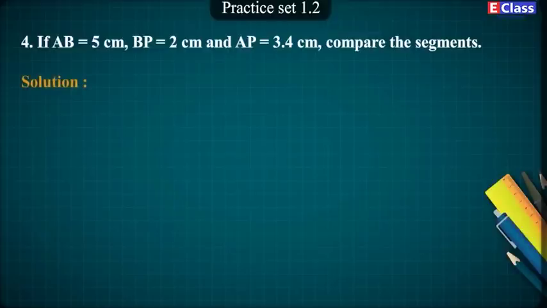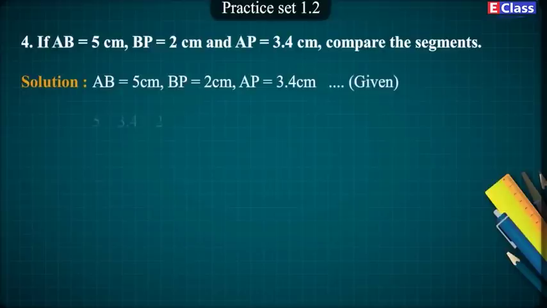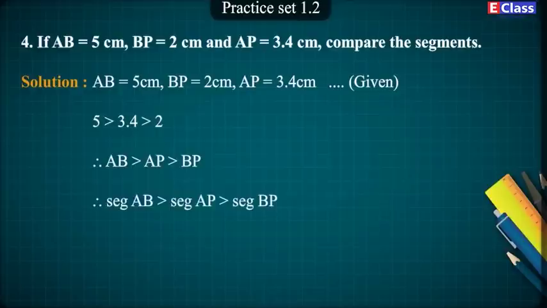Solution: AB is equal to 5 centimeters, BP is equal to 2 centimeters, AP is equal to 3.4 centimeters is given. 5 is greater than 3.4, which is greater than 2. Therefore, AB is greater than AP, which is greater than BP. Therefore, segment AB is greater than segment AP, which is greater than segment BP.